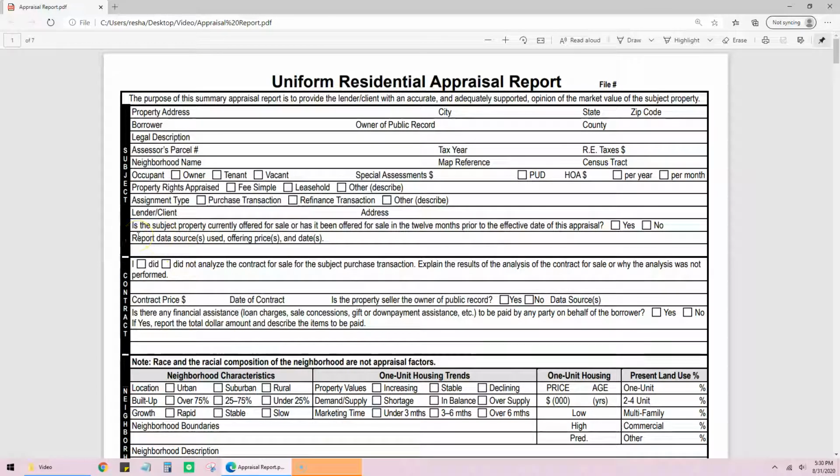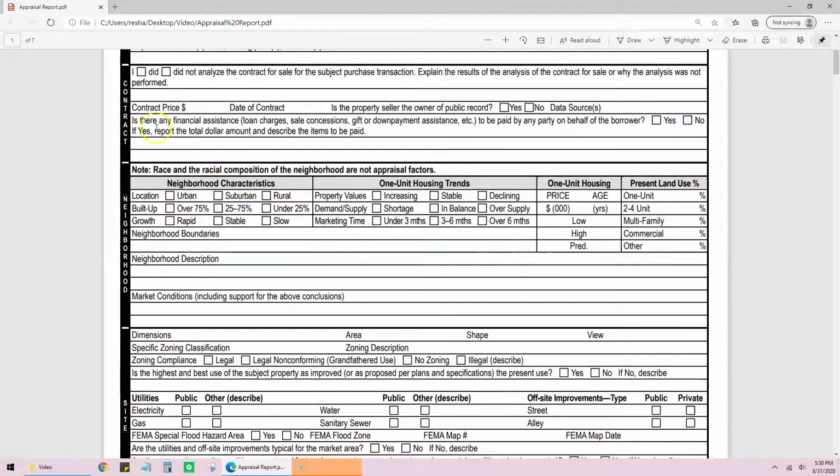And this is one question here. Is the subject property currently offered for sale, or has it been offered for sale in the last 12 months prior to the effective date of this appraisal? So next we go to the contract section. So this is: I did or I did not analyze a contract for sale for the subject property or transaction.